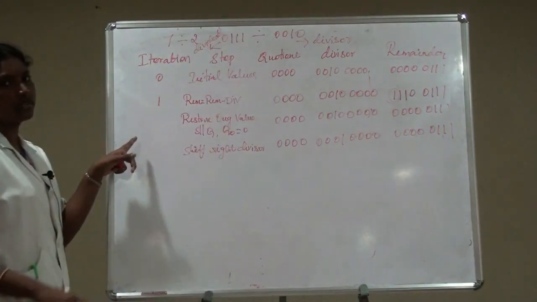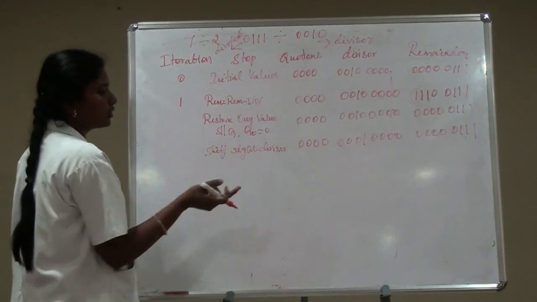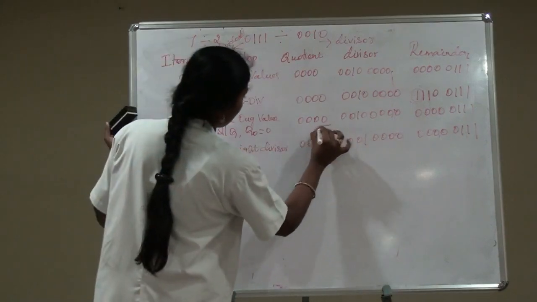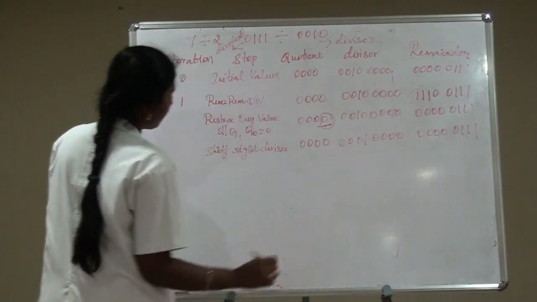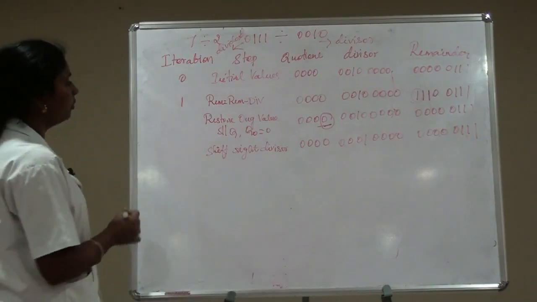Okay, this is my first iteration. In that I have to restore my original value and shift left logical the quotient register, set Q naught bit equal to 0. Then again I have to shift right the divisor value.